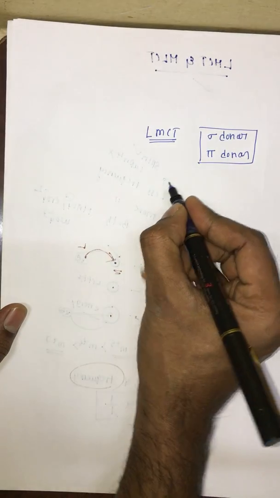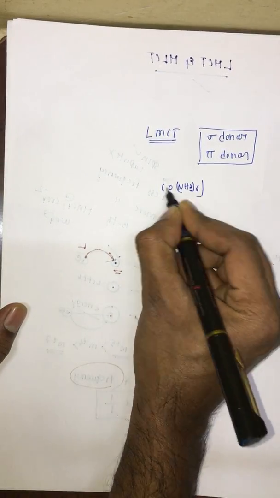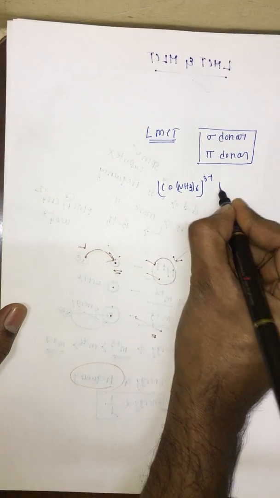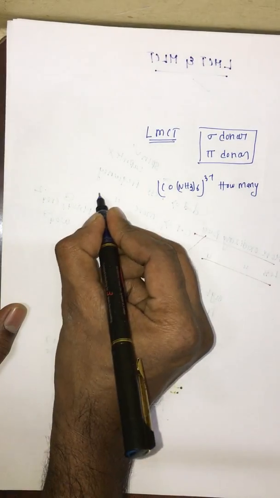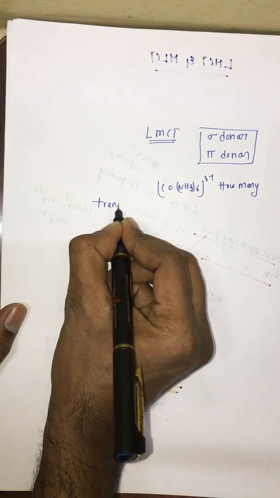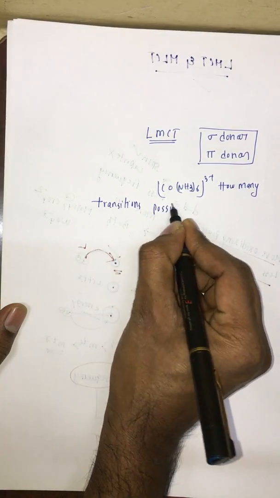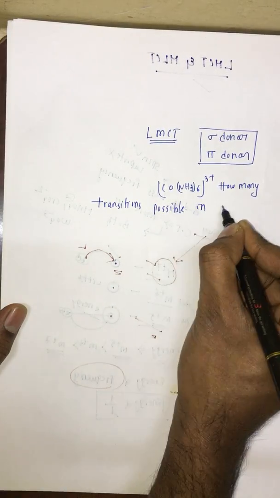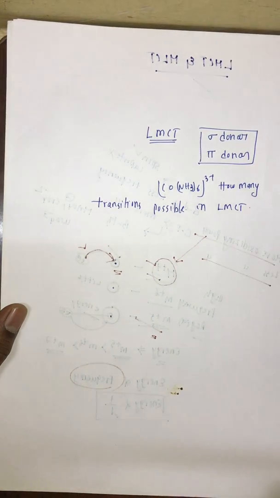If they ask the question, cobalt NH3 6 3 plus, how many transitions are possible in LMCT spectra? This is the question, so you need to answer for this.